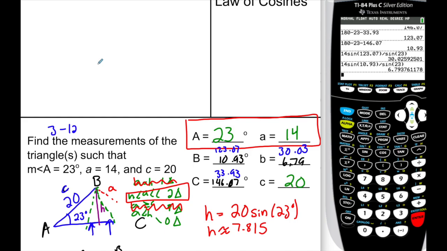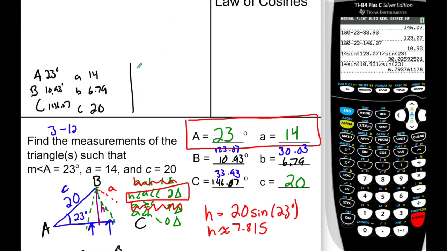Okay, so really we have two solutions. The first one is that A is 23, B is 10.93, again that's an estimate, C is 146.07, little a is 14, little b is 6.79, little c is 20.